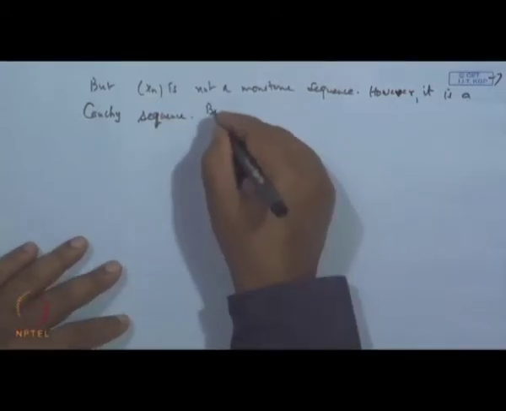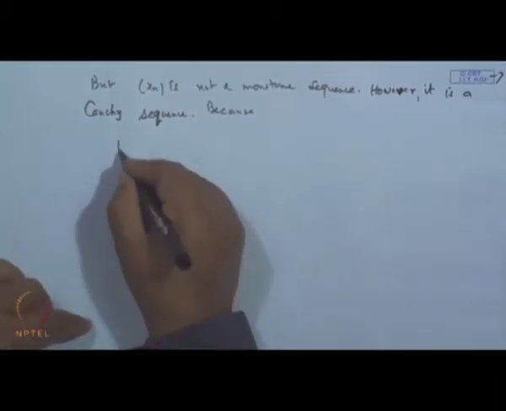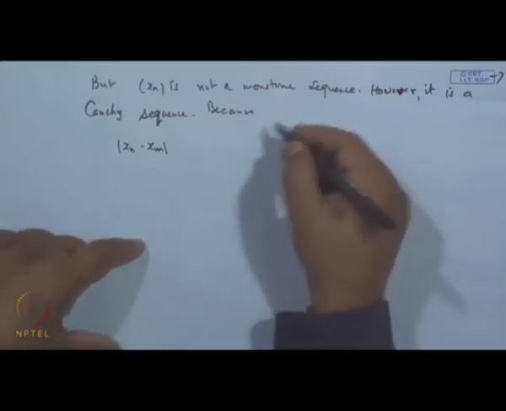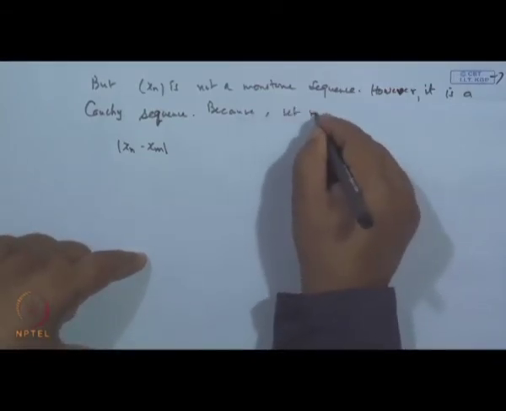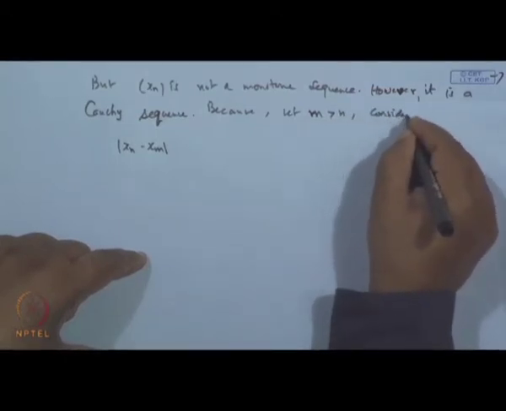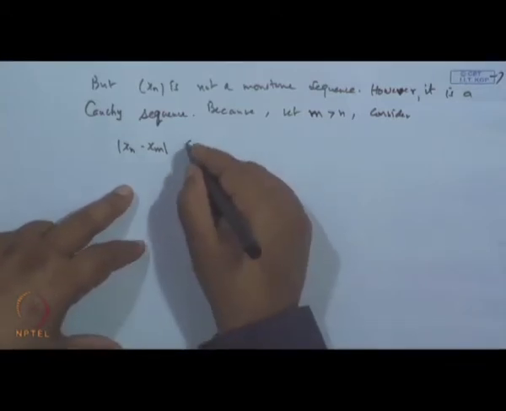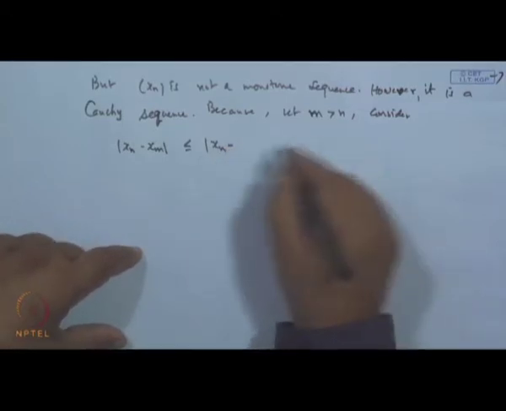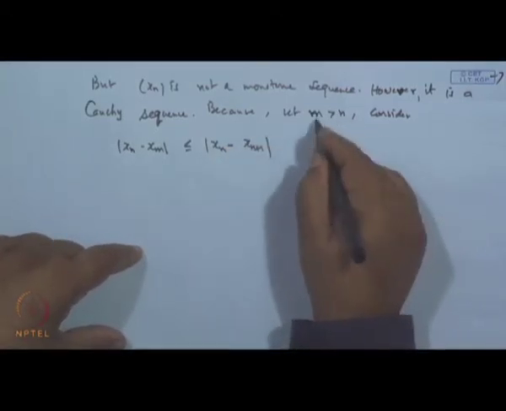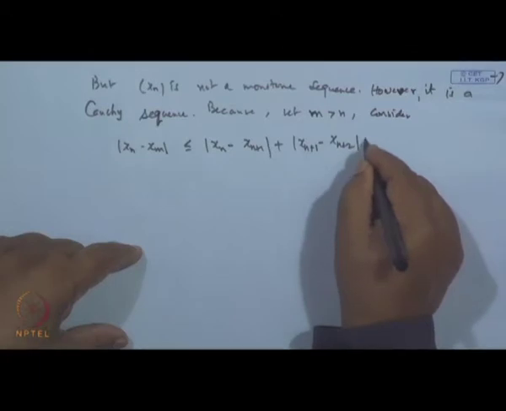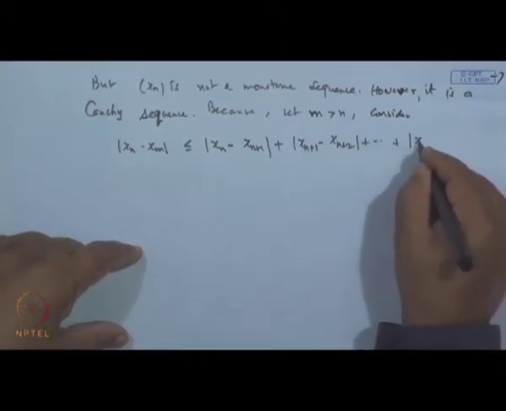The reason is that if we start with mod x m minus x n, where m is greater than n, consider mod x m minus x n. Now this is less than or equal to mod x n minus x n plus 1, because n is less than m, plus mod x n plus 1 minus x n plus 2, and so on, up to our last term.